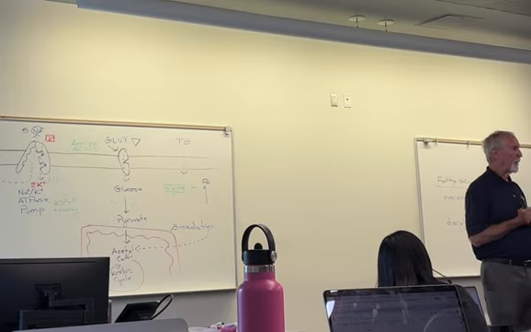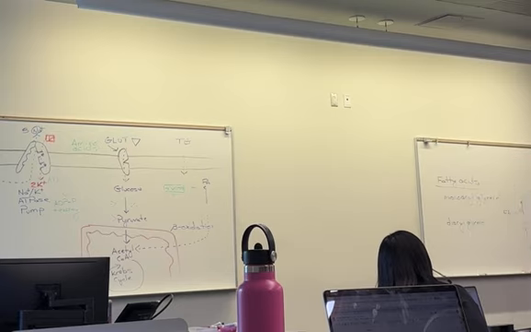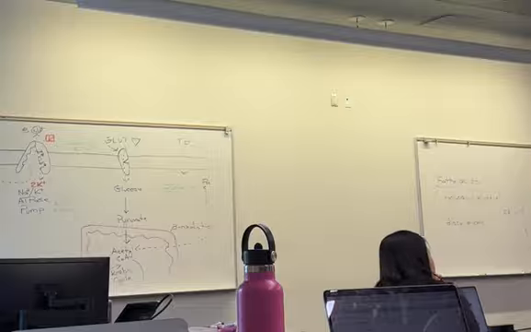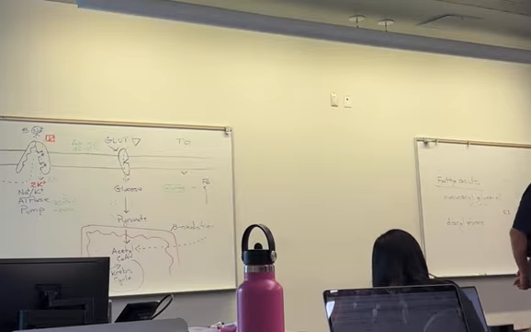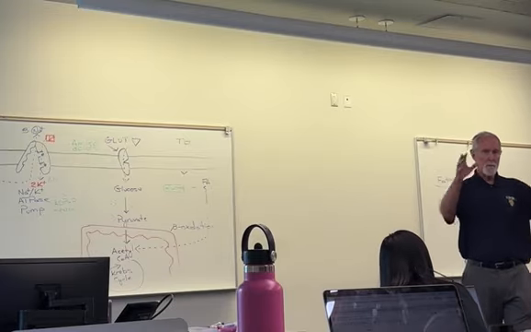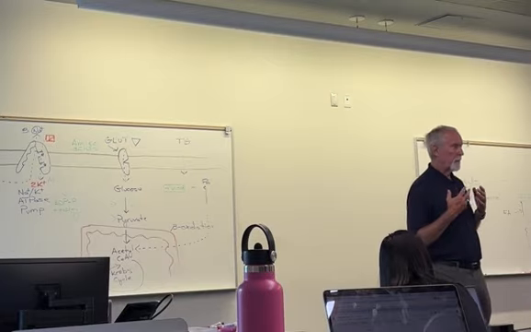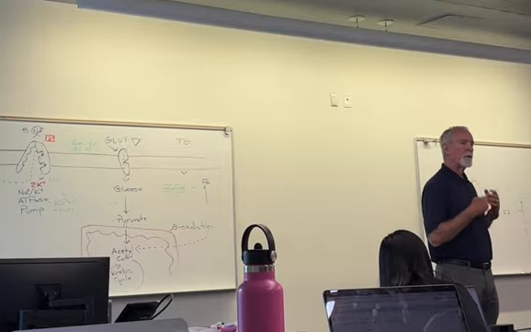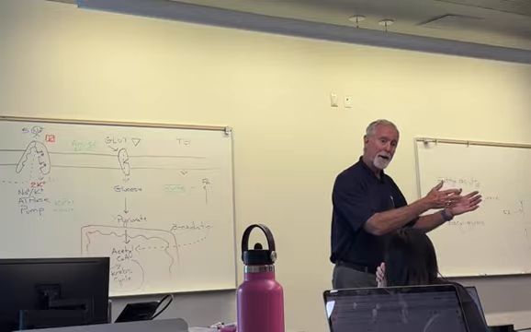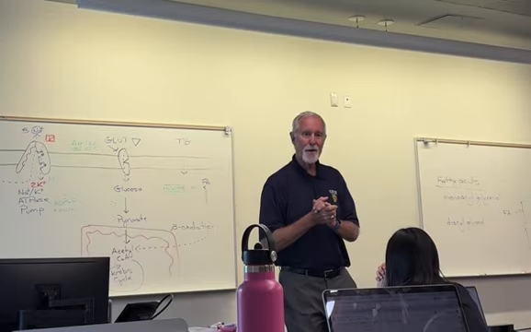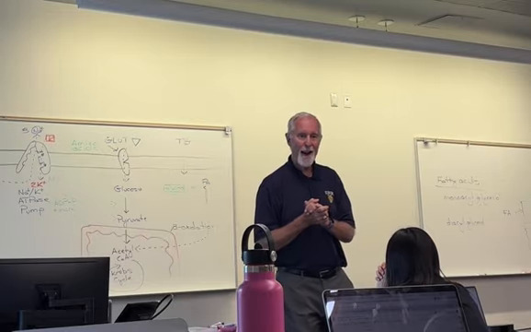How many calories would I get out of a pound of fat? 3,500? Approximately, yeah, that's a good number. So let's just make it simple. Let's say I've got 40 pounds of fat and there are only 3,000 calories per pound of fat. Well, 40 times 3,000, that's 120,000 calories.